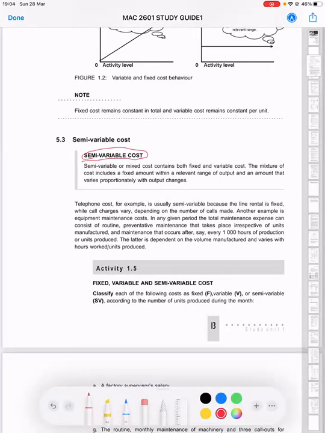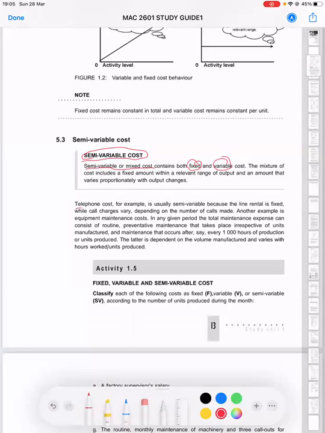What is the semi-variable cost? A semi-variable cost is also referred to as a mixed cost. It contains both fixed and variable cost components. The mixture of cost includes a fixed amount within a relevant range of output and an amount that varies proportionately with output changes.